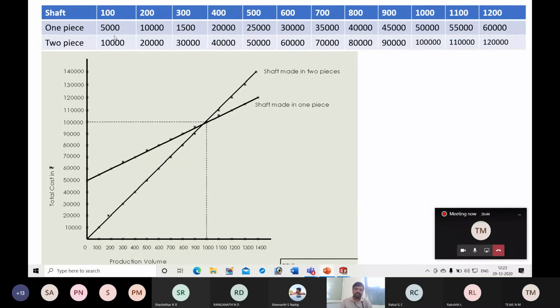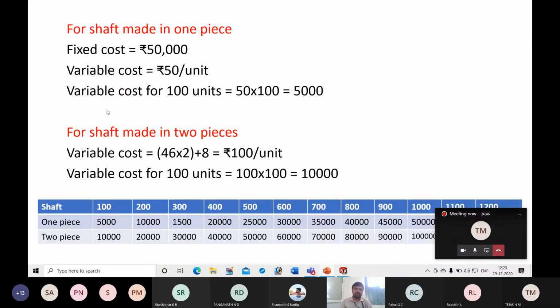For 100 shafts we have determined the variable cost. For one piece it is 5,000 and for two pieces it is 10,000. Similarly for 200 shafts, 200 into 50 gives you 10,000, and 200 into 100 gives you 20,000.